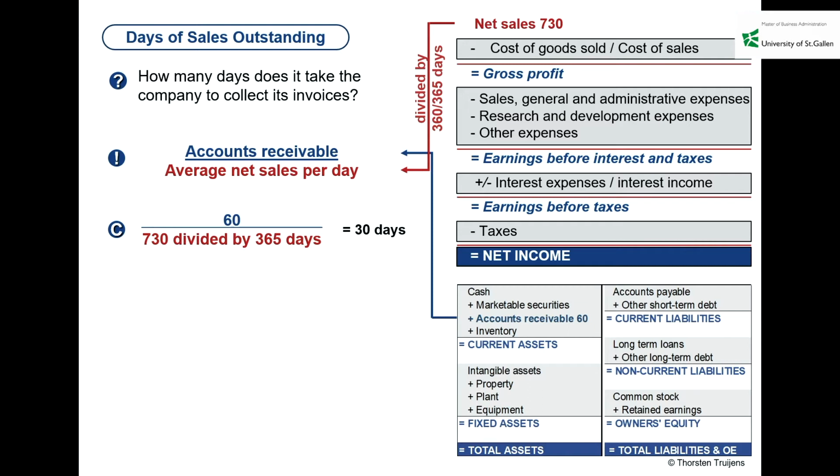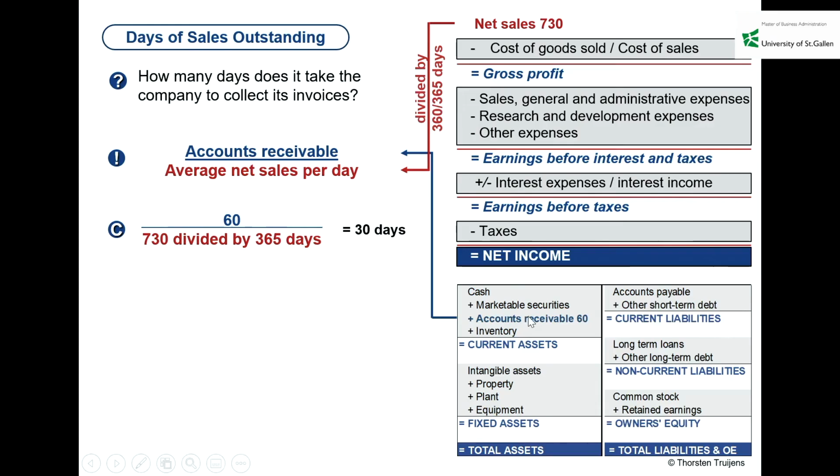If we say we sold $730 in a given year, we can divide the 730 by the 365 days, which gives us our average net sales per day. So 730 divided by 365 gives you the fact that you sell on average $2 per day.